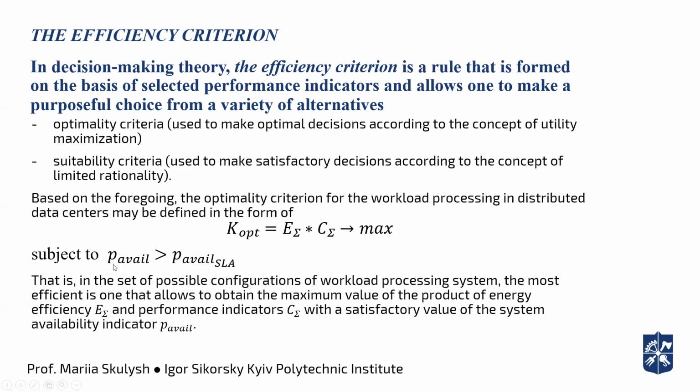Also, for sure, we have to talk about probability of availability. Availability should be more than was proposed by the SLA. SLA, as you remember, is service level agreement. So we will have such a question on the test: what does SLA, or service level agreement, mean?